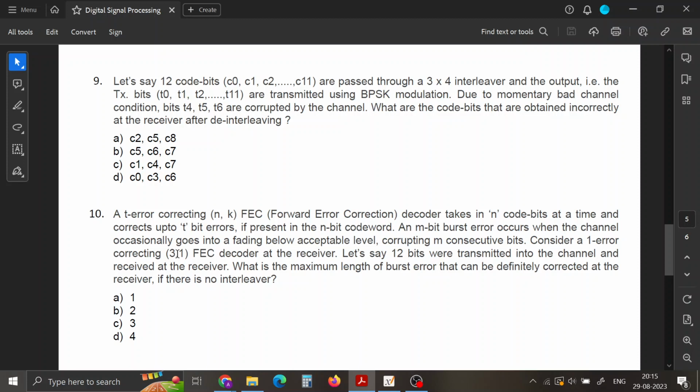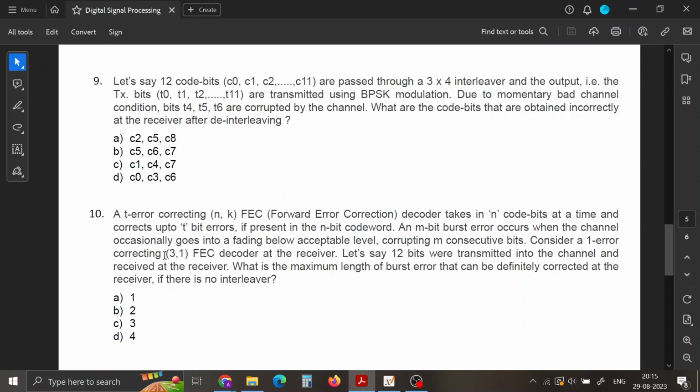That's the example that we are taking. n equals 3, t equals 1. So out of 3 code bits, 1 bit error can be corrected for the 3,1 code. 3,1 is the notation for n and k, these are different parameters.